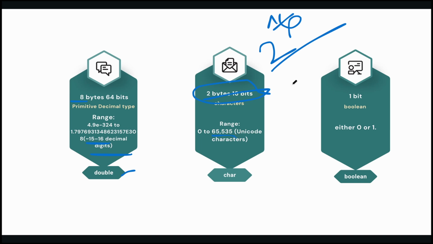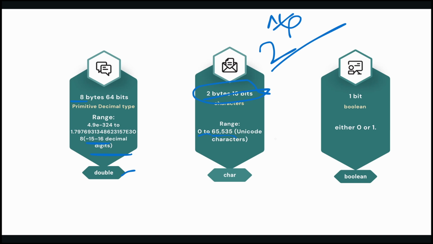65,535. It will be 36, but you have to count from 0. That's why you will get 65,535. And look, this many characters you can store in Java. It's a huge benefit.